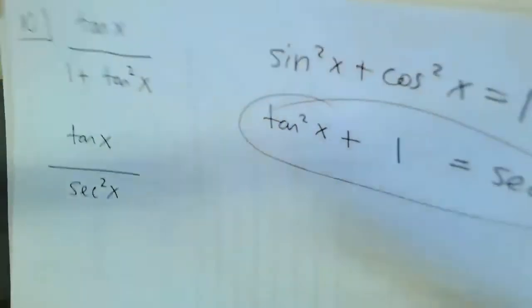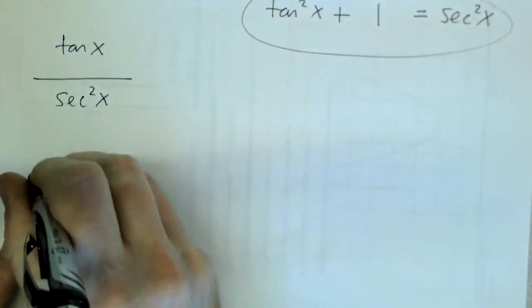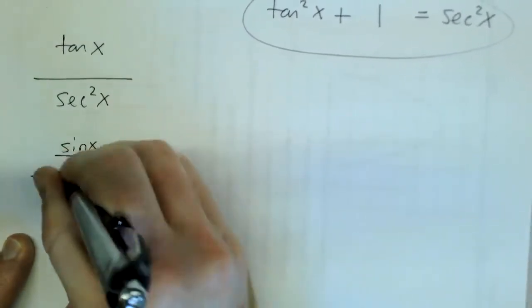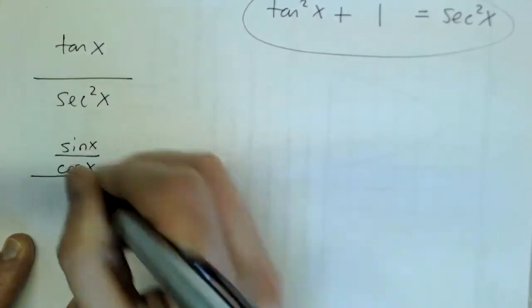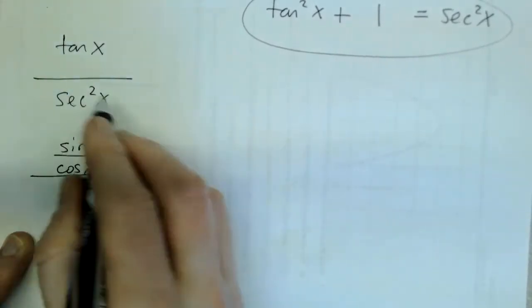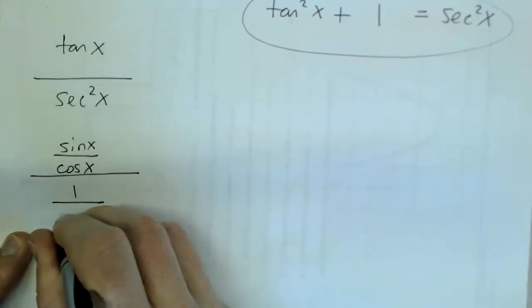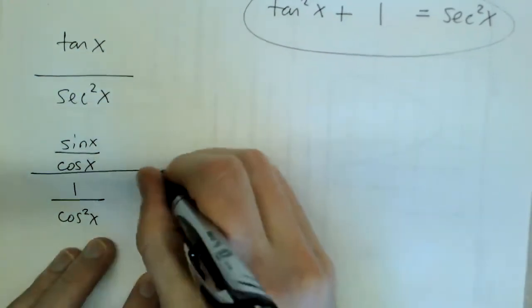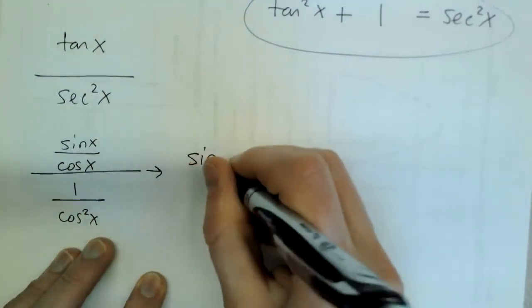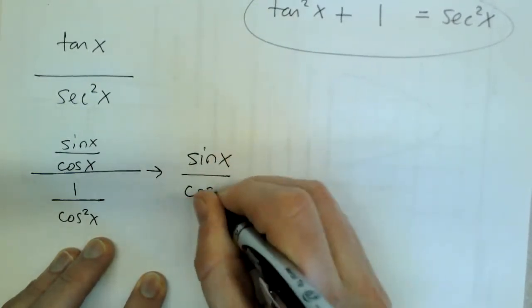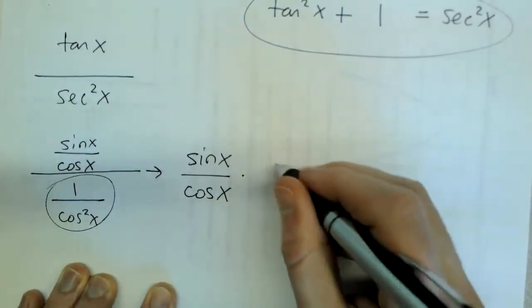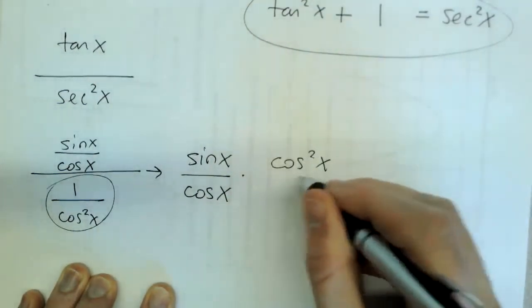So I'm going to just convert everything to sines and cosines. So tangent, that's sine x over cosine x, and secant squared, that's 1 over cosine squared. So I've got one fraction divided by another. So that's going to be keep it, change it, flip it. That's sine x over cosine x times the reciprocal of the bottom fraction, cosine squared x over 1.